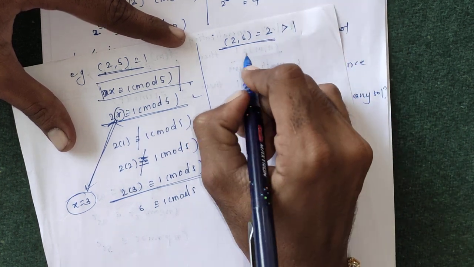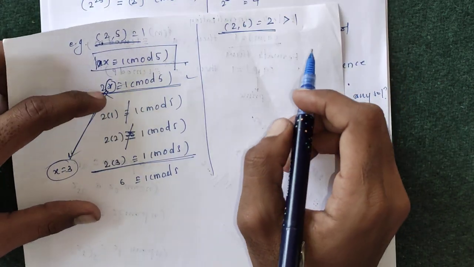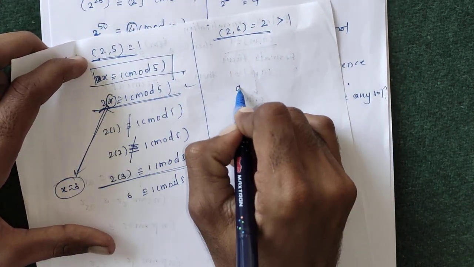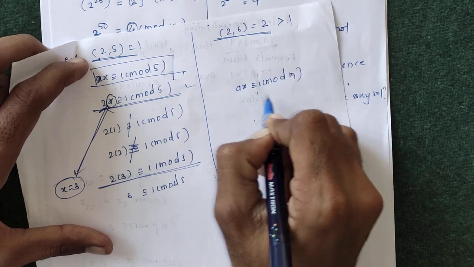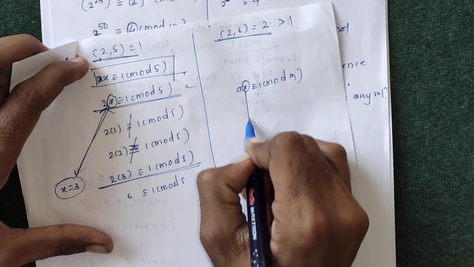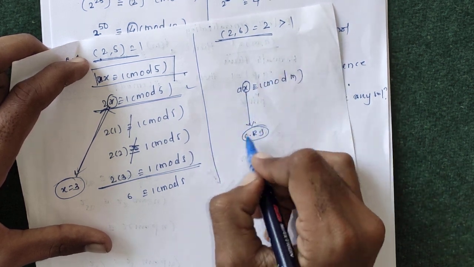which is greater than 1. Then, to find the solution, one thing must be clear: the solutions of the congruence AX is congruent to 1 mod M, the values of x, are just from the CRS.